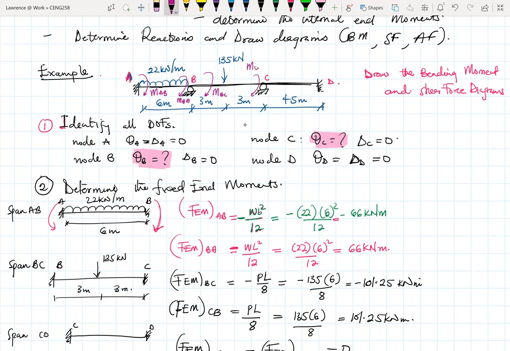This is MCB, this is MCD, and this is also MDC. So when we take joint B, MBA and MBC should sum up to give us 0. That is what equilibrium stands for. And again, if you take MCB and MCD, when you sum them together at joint C, you should also get 0. So in this case, there are 2 equations of equilibrium.